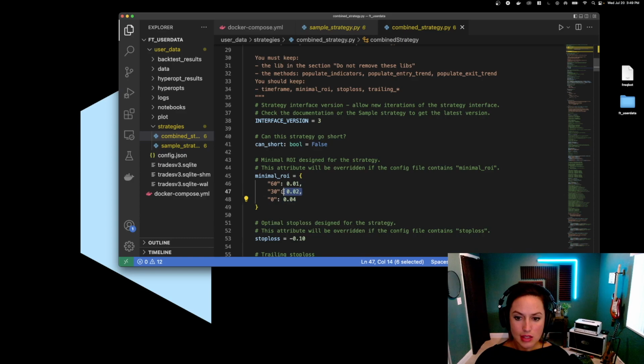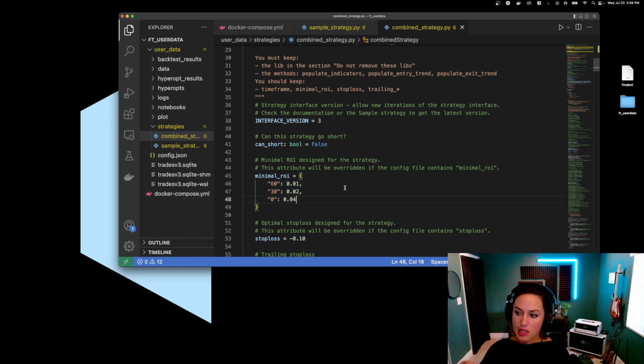Between 30 and 60 minutes, we want to achieve a 2% gain, and beyond 60 minutes, we want a 1% gain. And the logic here is that as time goes on from when we opened a trade, the probability of us making money at a large ROI diminishes over time. So we're happy getting a smaller ROI past 60 minutes than we were in the beginning.